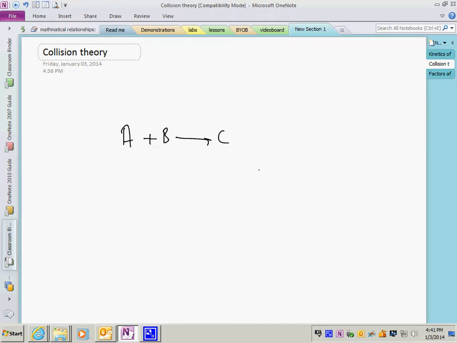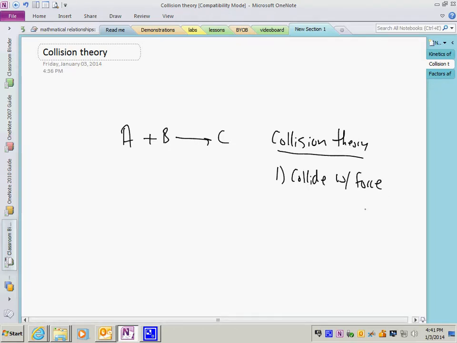Well, the collision theory states basically that, one, the two particles have to simply collide with some amount of force, okay? And two, there needs to be some kind of geometry that these things need to hit with.